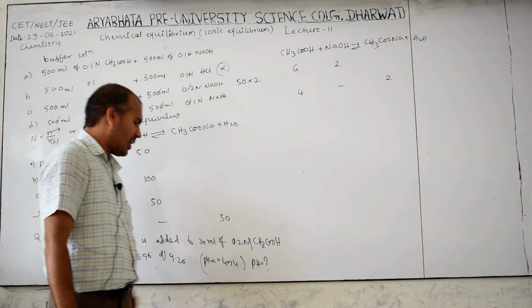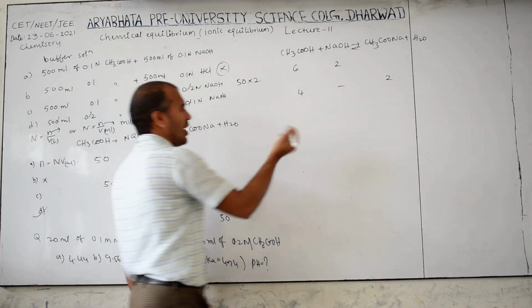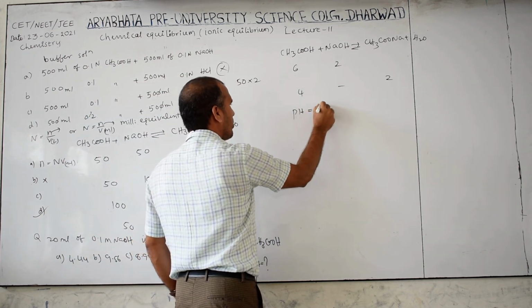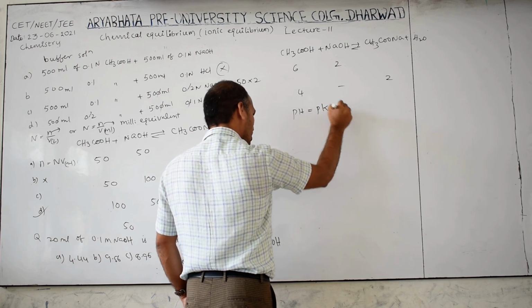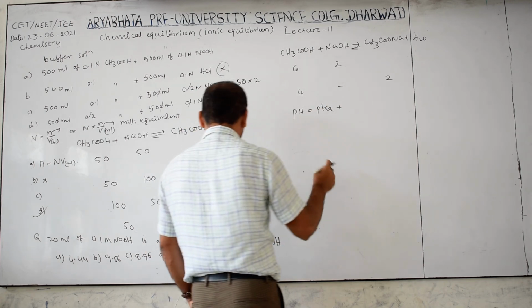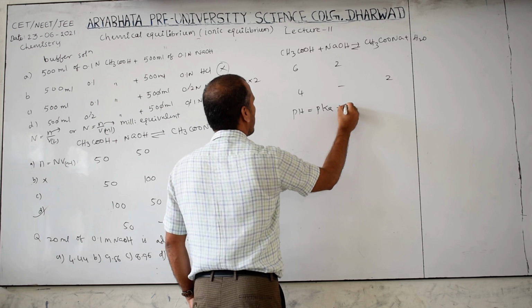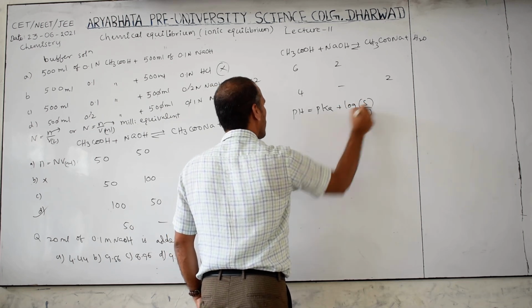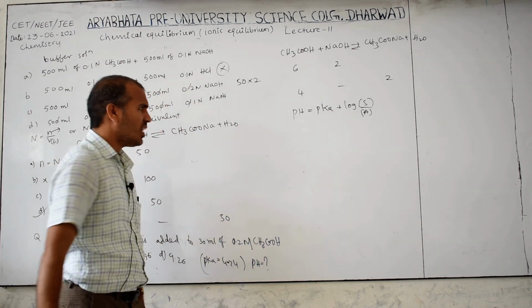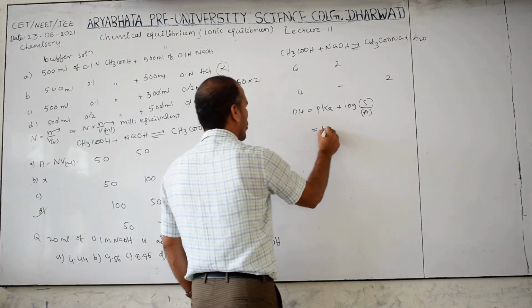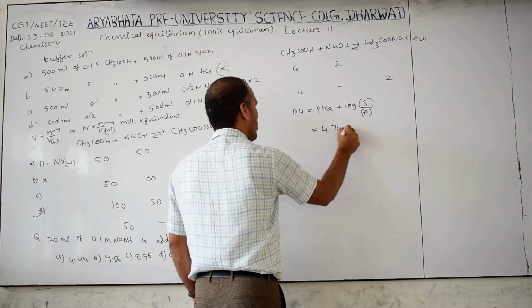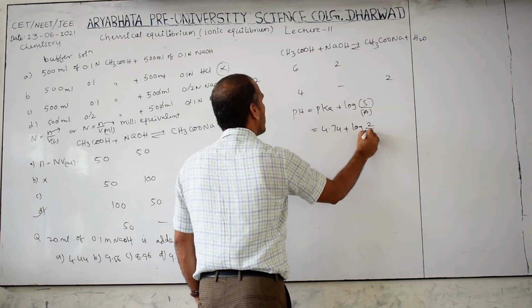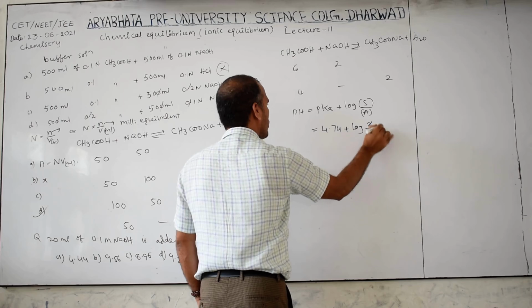The pKa is given directly, no need to calculate it. Then pH equals pKa plus log salt by acid. So pH is 4.74 plus log of salt 2 by acid 4, that is 1 by 2.